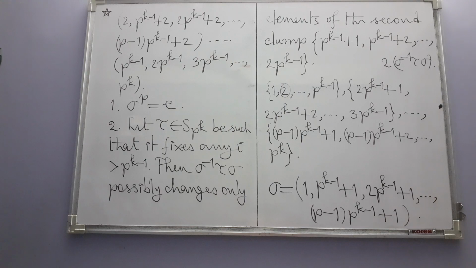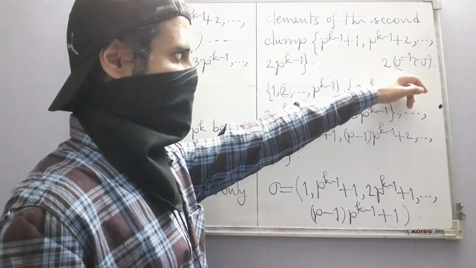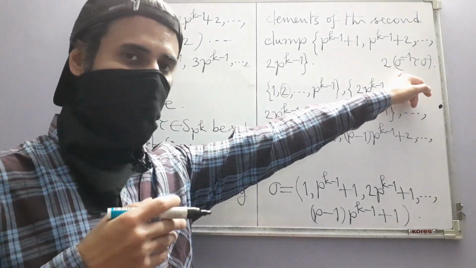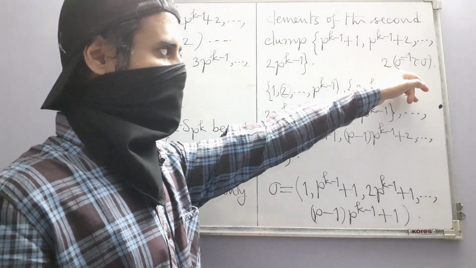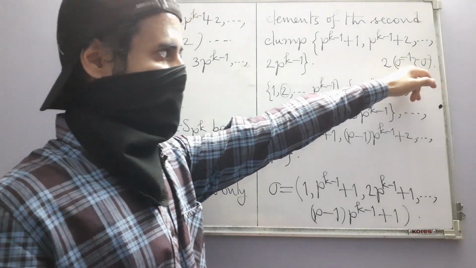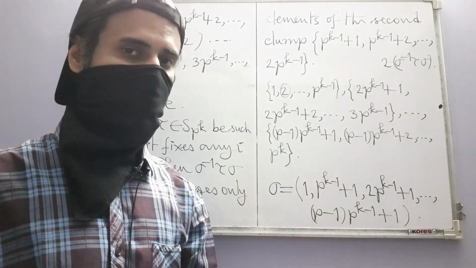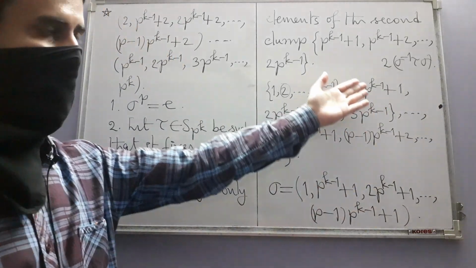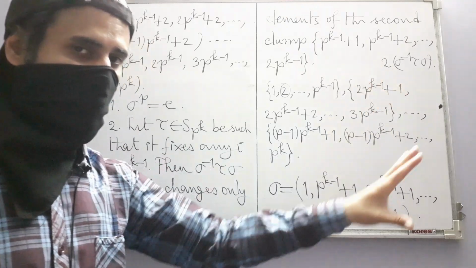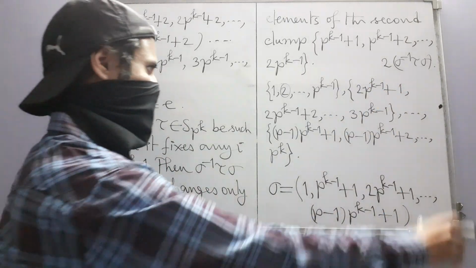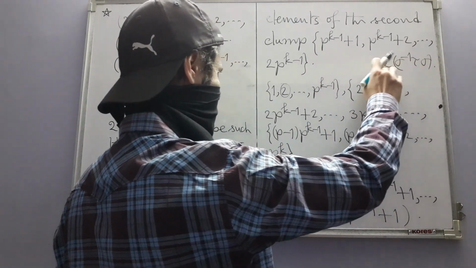Do not forget that we have already decided, and we are continuing with this convention, that we are going to write functions to the right of arguments. This is not the standard way of applying a function to something. Here our function is this, and this is the argument.